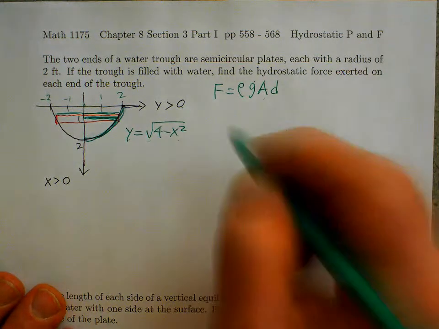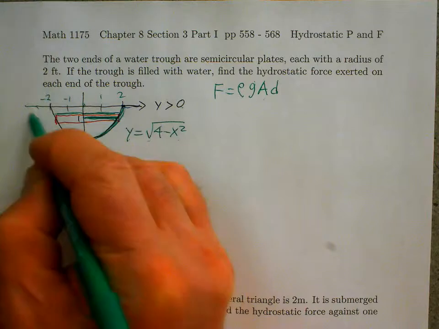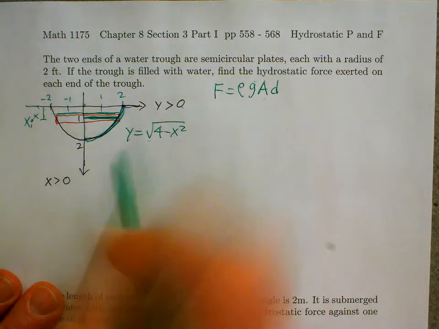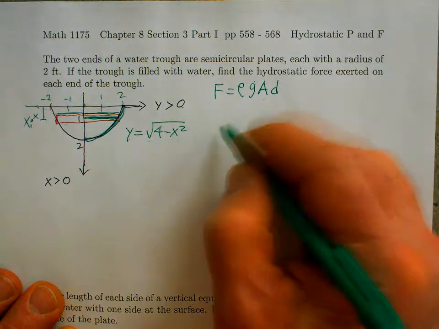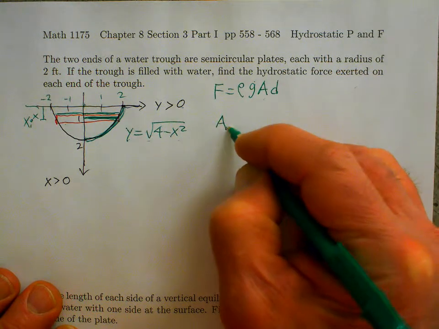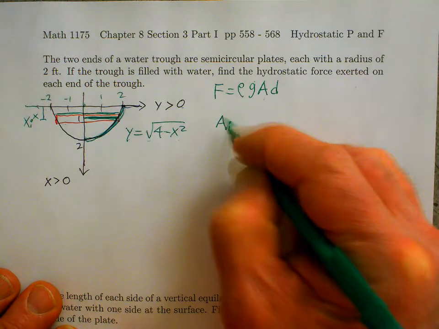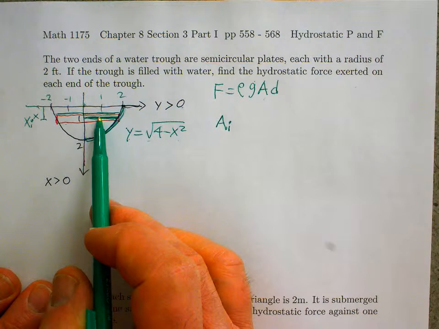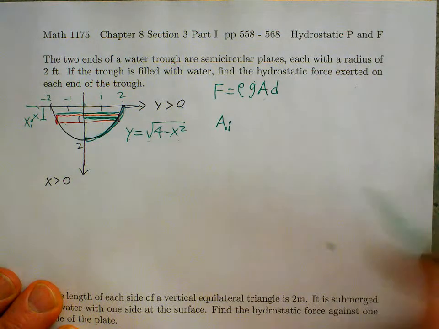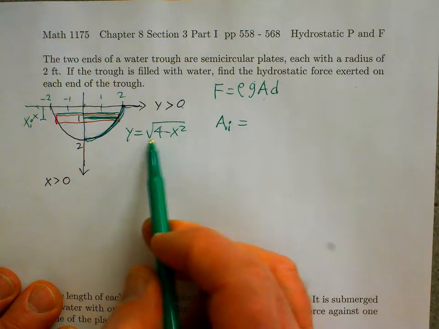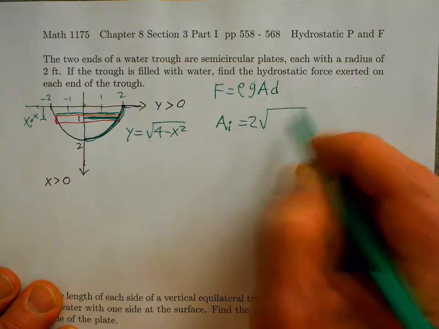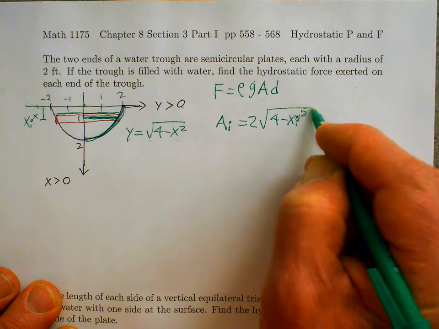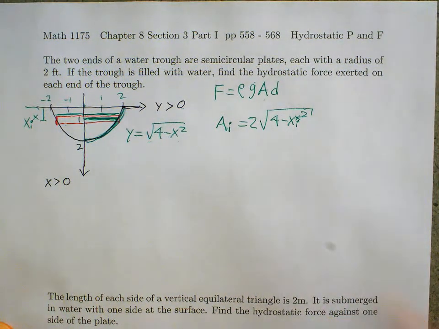Okay, so for x sub i star, if we're at that depth, then the area of that particular rectangle on that interval is 2 times the square root of 4 minus x sub i star squared times delta x.